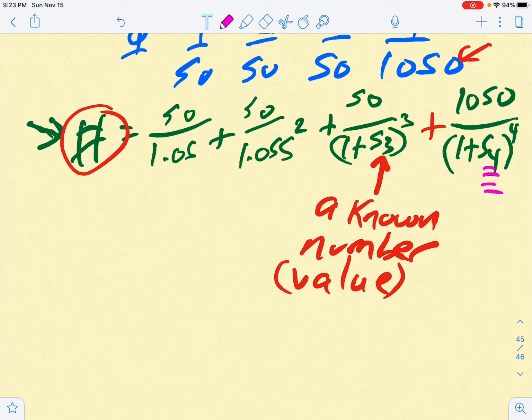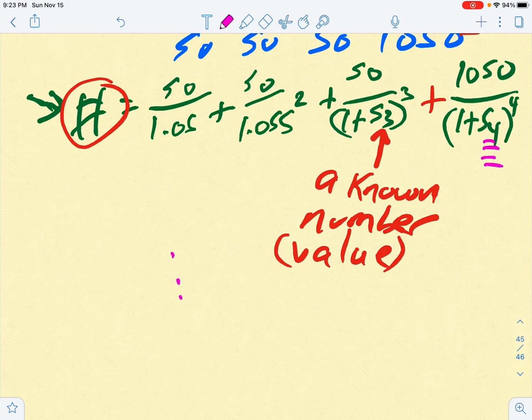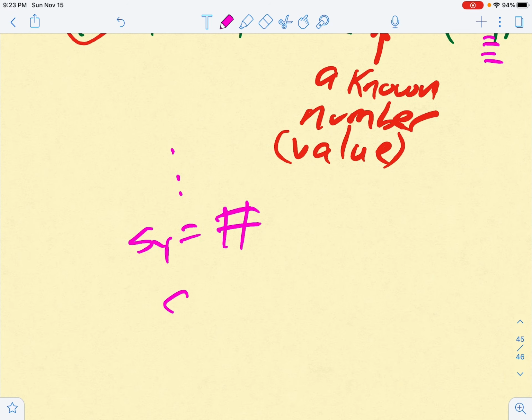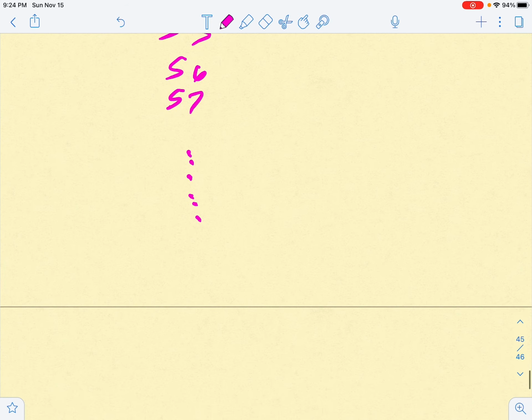This is the only unknown in the equation, and therefore we can algebraically manipulate it to say S4 equals some number. Now we've solved for S4, and we can continue with this process to get, if we need, S5, S6, S7, and so on.